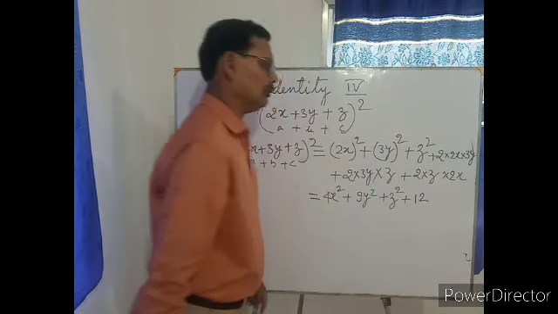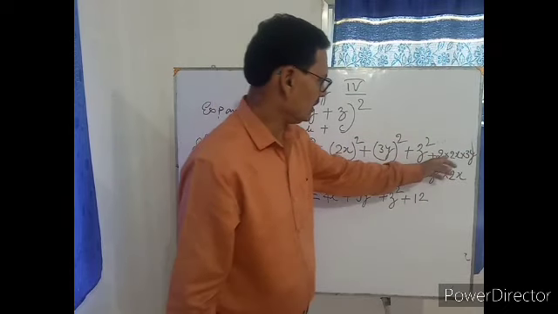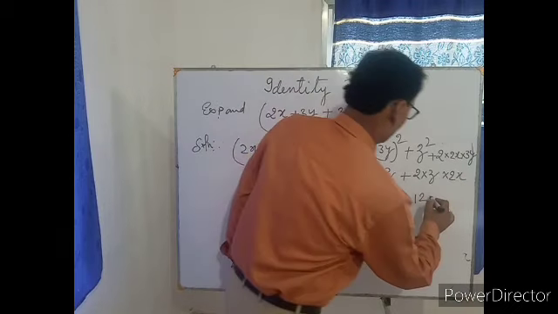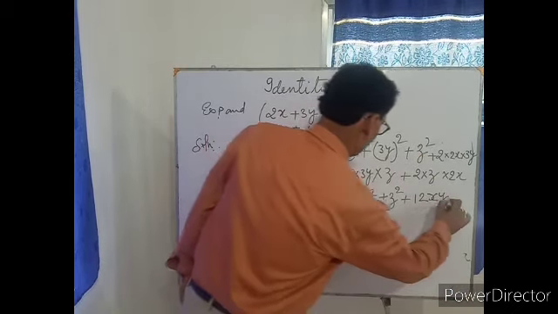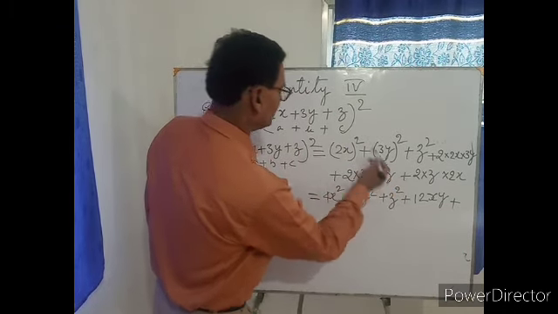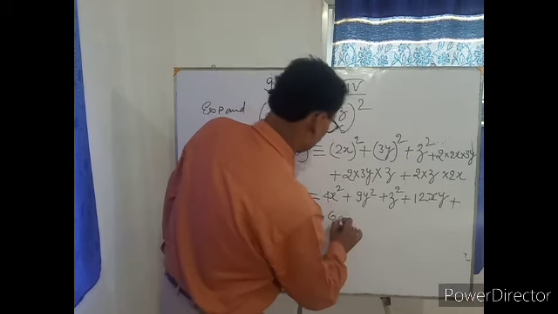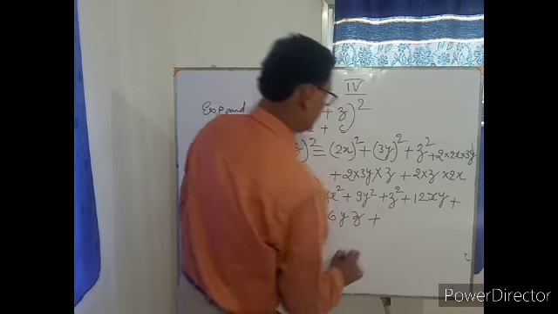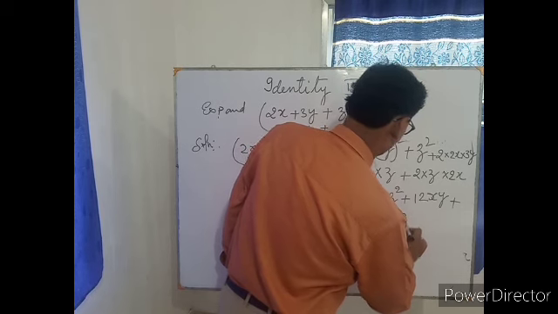We will multiply the numerical coefficients first, so 12xy. Plus, 2 into 3 is 6 and there is 1 only, so 6yz. And plus 2 into 2 is 4, zx.